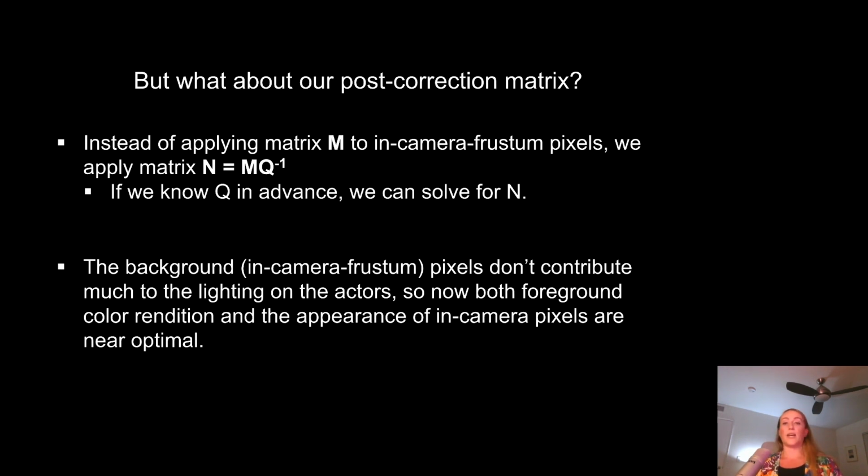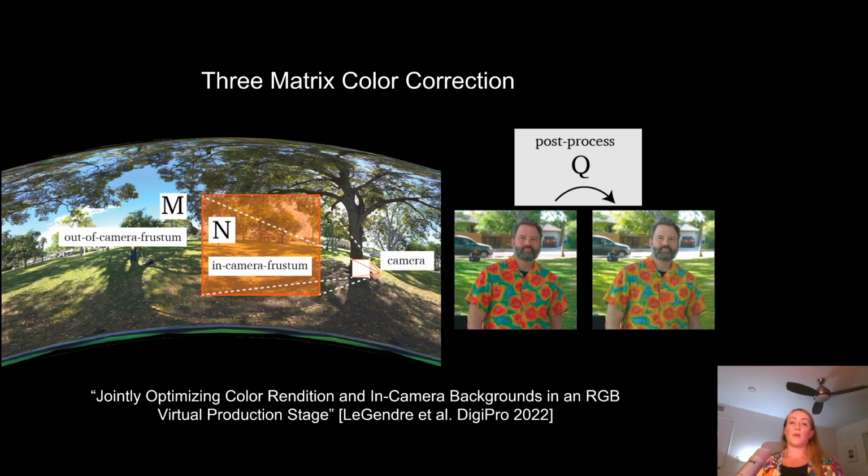That was a big wall of text. So to visually summarize the approach, instead of using this wall of text, we have three matrices now in our pipeline. Matrix M, as in Mary, transforms the pixel values of the content to values that are going to be shown on the LED panels outside the camera frustum.